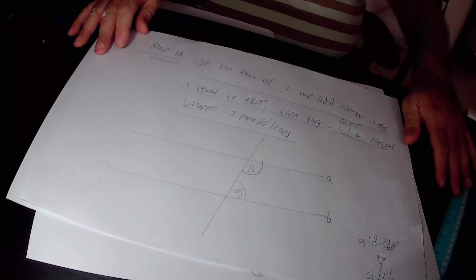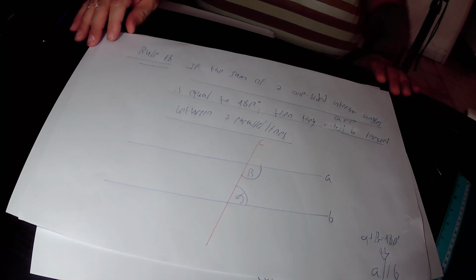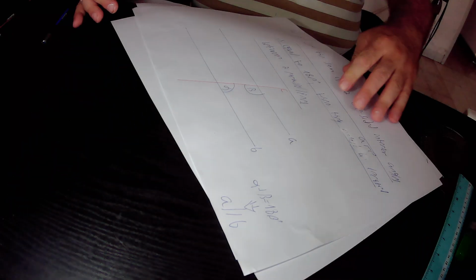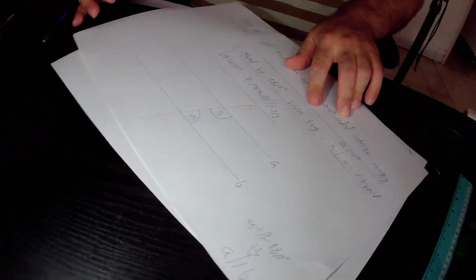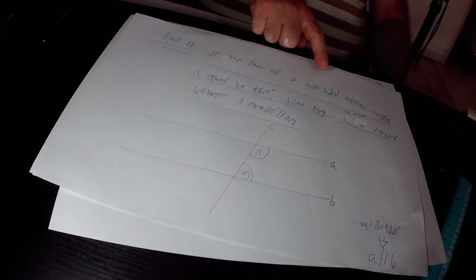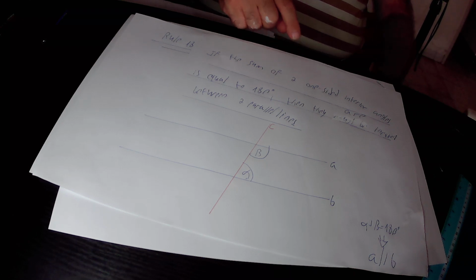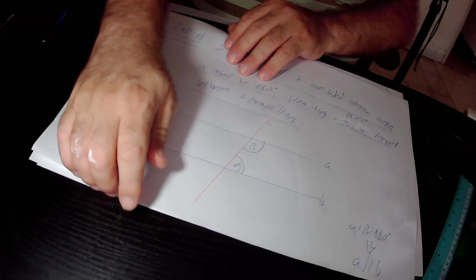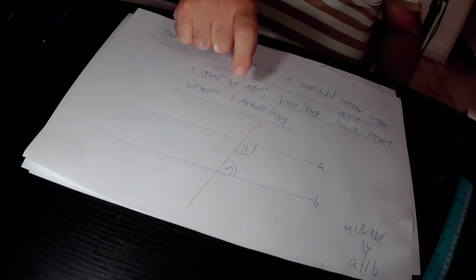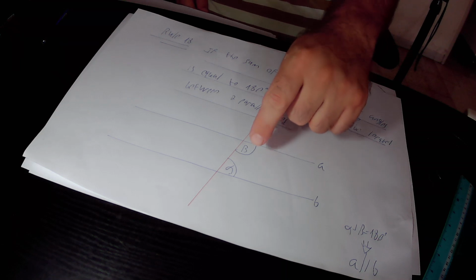According to rule 18, if the sum of two one-sided interior angles is equal to 180 degrees, then they are located between two parallel lines. So in the drawing we have line A and line B. Line C intersects those two lines at these two points.